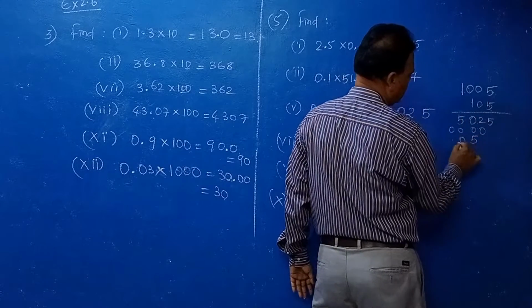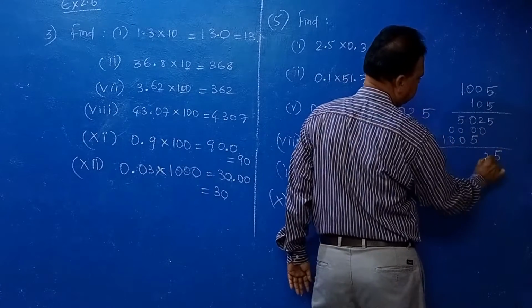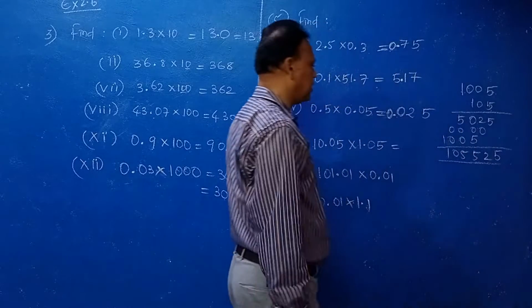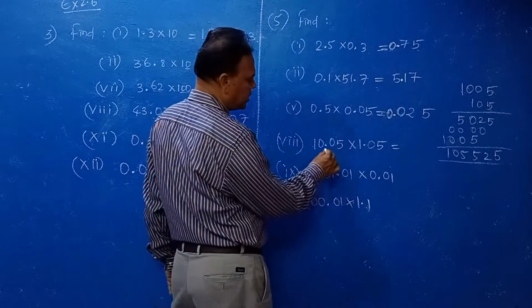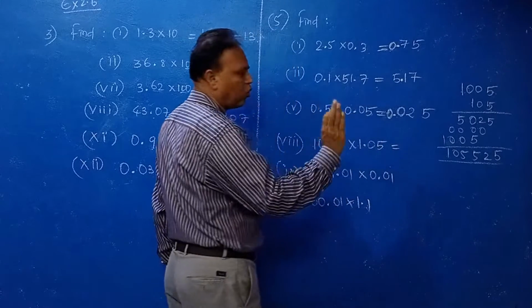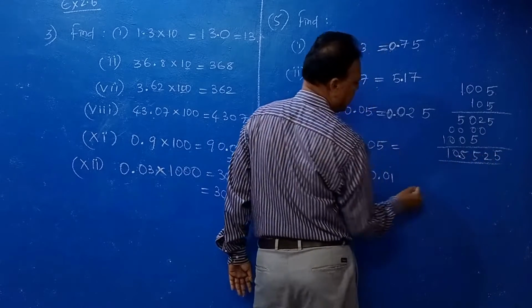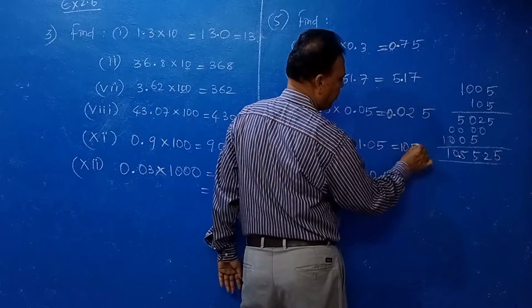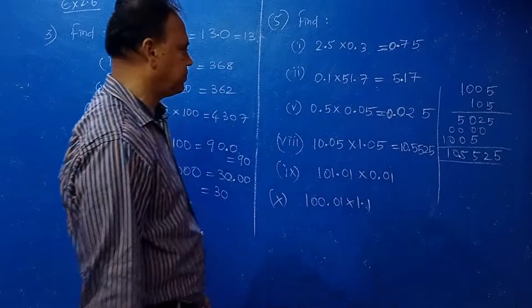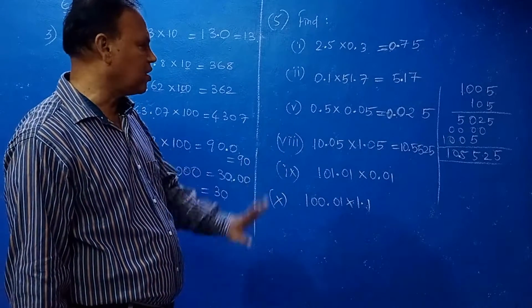Then add. Now see the decimal: after the decimal point two digits here, two digits here, total four digits. You have to leave from the right: 1, 2, 3, 4 digits. So 10.5525. This is the answer. Very simple, ordinary multiplication.